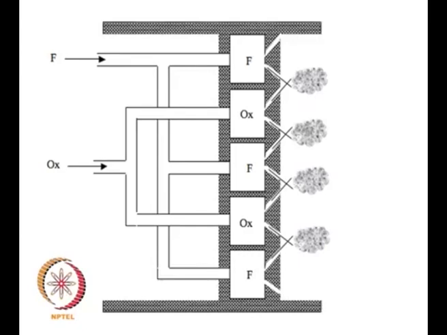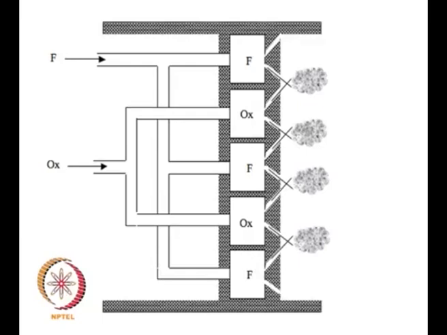What you see here is the design of the manifold. The portion that is upstream of the injector is called the manifold. Now, if you want to have unlike injection, unlike doublet, you see that the fuel and oxidizer must be alternated: you should have one fuel manifold and then oxidizer and then fuel and then oxidizer.